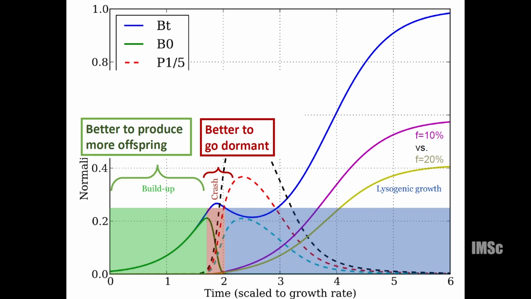But if you make yourself a virus that always goes lysogenic a lot, then you won't even build up many viruses in this phase to infect at that point. So it would be perfect if you could go lytic all the way and then switch to lysogenic. But in this game we are forcing them to pick a certain percentage. So they are pulled a little this way, a little that way. The optimal ends up being in this case 10%. That's not surprising, that there is an optimal, because of these pulls and pressure.